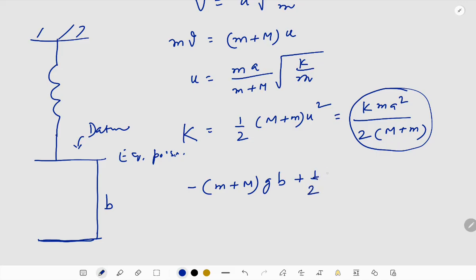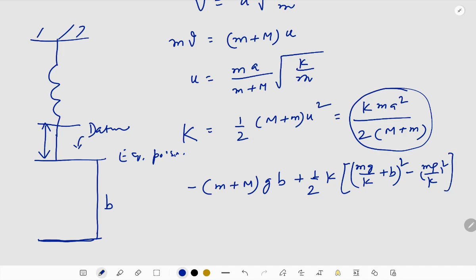So half k (mg by k, the initial stretch in the spring when it comes from natural length to equilibrium position, plus b) square, minus the initial potential energy, half k (mg by k) square.